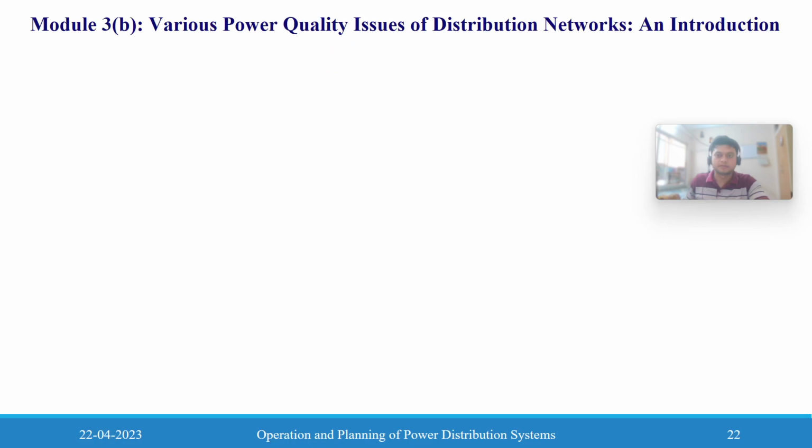Next we will see various power quality issues in distribution networks. Power quality problems can be of transient, short duration voltage variation, long duration voltage deviation, voltage imbalance, waveform distortion, voltage flicker.